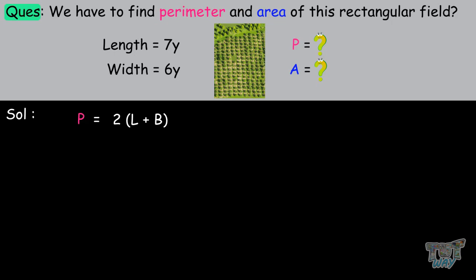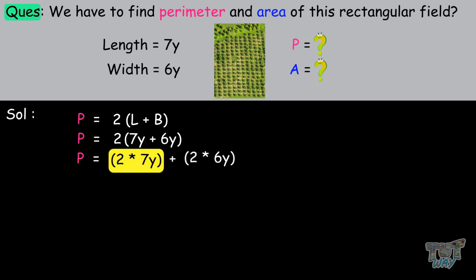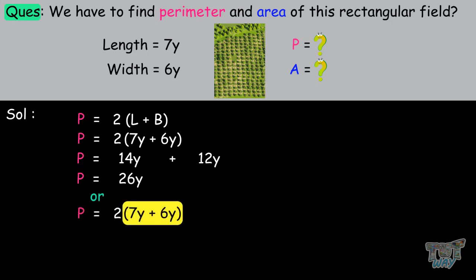So we can plug in the values of length and width, so we get 2 times (7y plus 6y), which equals 2 times 7y plus 2 times 6y. Now we solve to get 14y plus 12y. We add to get 26y. This will be the final solution. Or we can first add 7y and 6y to get 13y, then multiply by 2 to get 26y. The answer is the same either way.